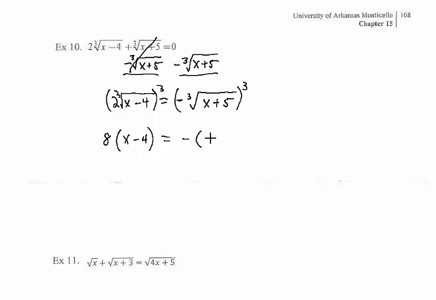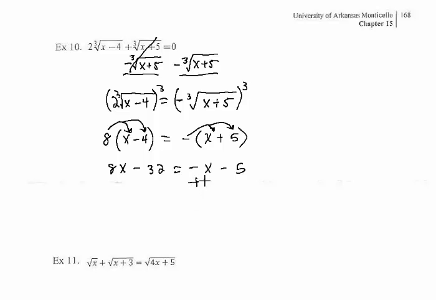But the cube root and the cube drop out, and we're left with the x plus 5. So at this point, we want to get rid of the parentheses. So we distribute. We get an 8x minus 32 on the left, a minus x minus 5 on the right.